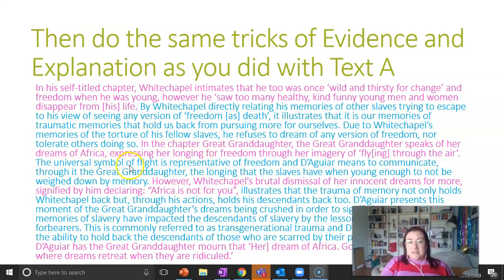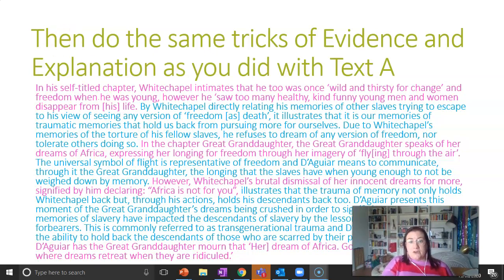The universal symbol of flight is representative of the freedom, and Daguerre means to communicate through the great-granddaughter the longing that slaves have when young enough to not be weighed down by memory.